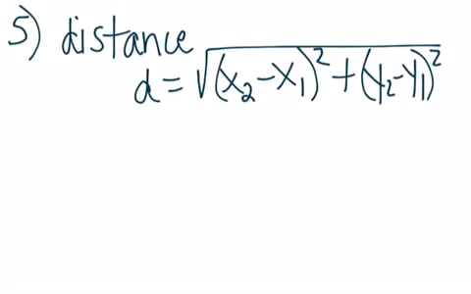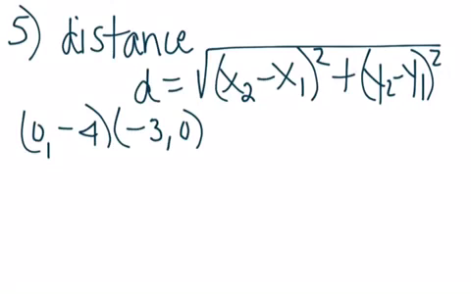So on number 5, you have the points 0, negative 4, and negative 3, 0. Let's label our points as x1, y1, x2, y2. Same process that we used when we found slope earlier in the year.